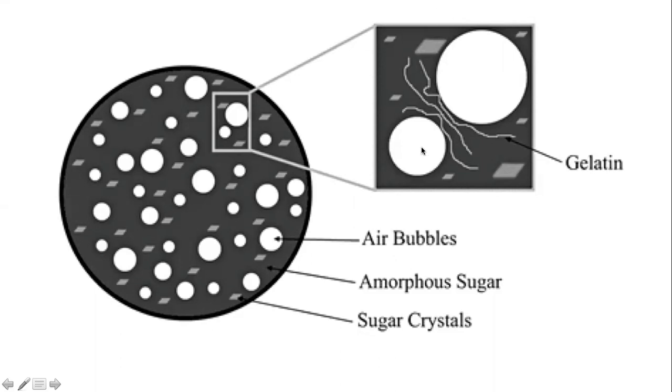You can see how it works: how to trap air bubbles together by using gelatin, and all these things are bound with these gelling agents. You can see two air bubbles here, and there are some sugar crystals and gelatin. The role of gelatin is to bind all these air bubbles together to get the smooth texture.